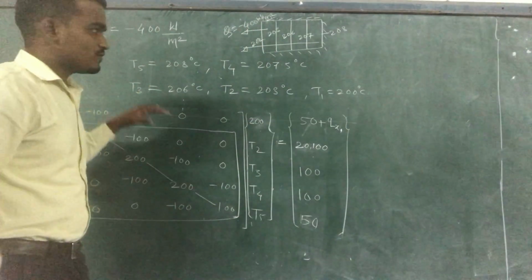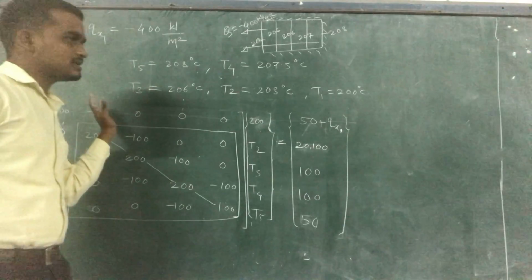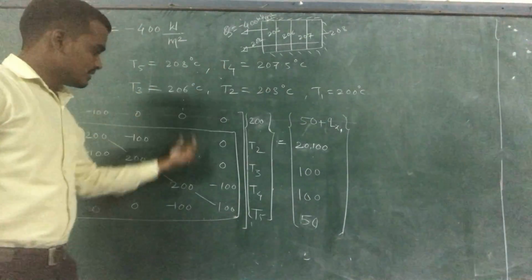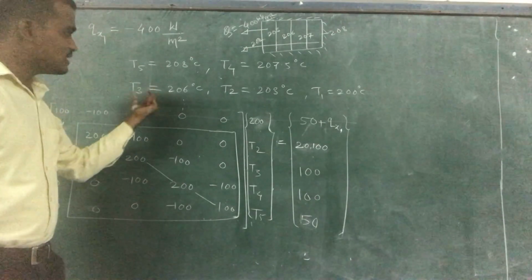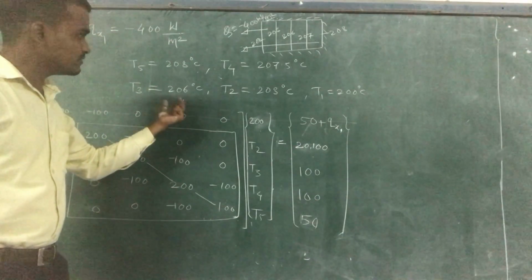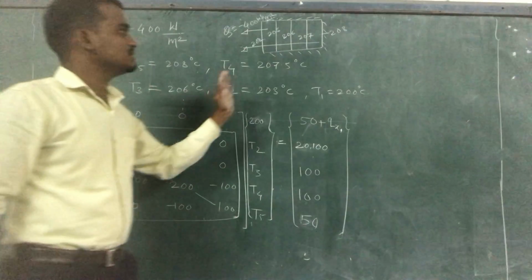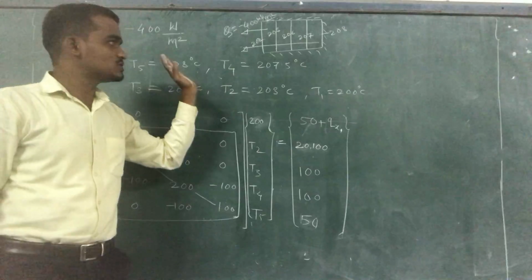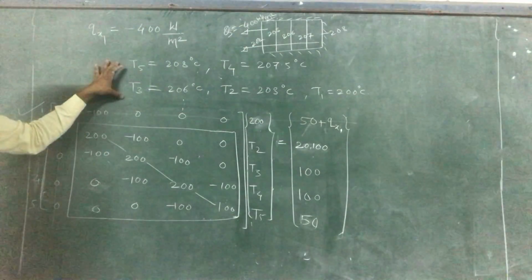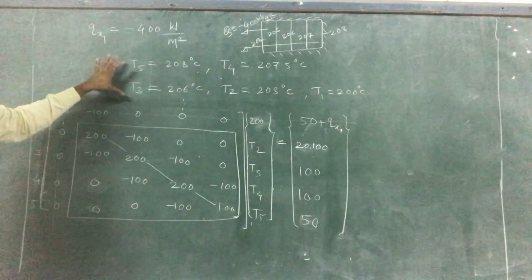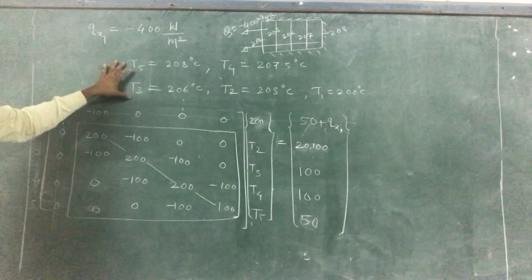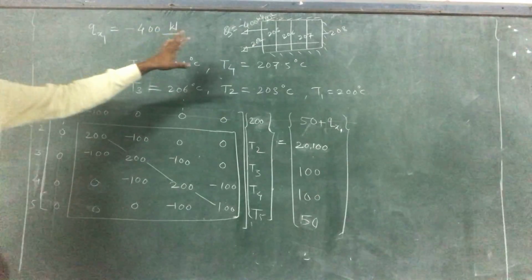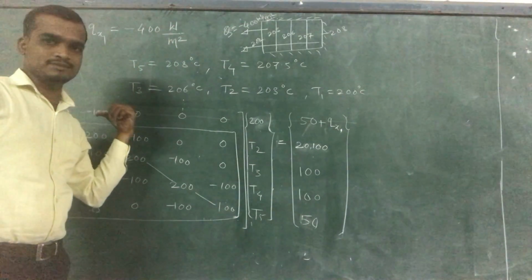First we assumed that there is heat transfer from LHS to RHS, but it is not like that. By determining all the values, you will conclude that the heat transfer is taking place from RHS to LHS. So in this way you will get these 5 values of temperatures, that is, the temperature distribution within this heat chamber, and also you will get the Qx, meaning heat conducted out from the left side.